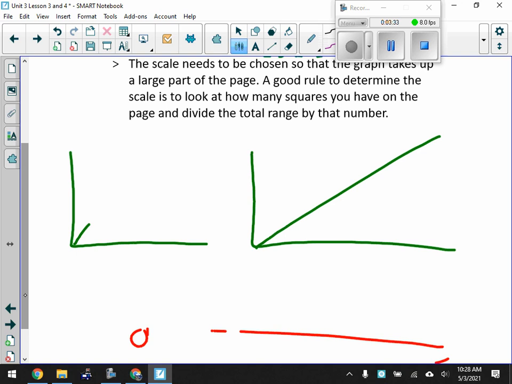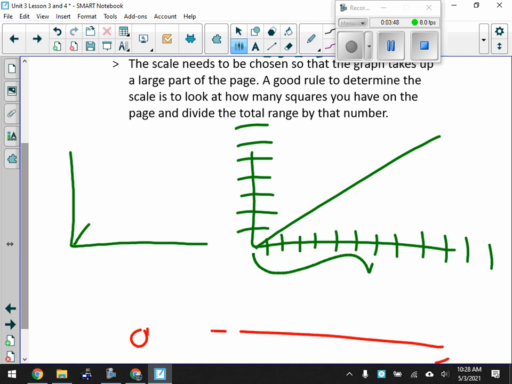So basically what we're going to do is count squares, or basically divide. We're going to have some squares here as we go across, and same thing this way. And we're going to count how many squares or how many lines we have. This would be 0, so we start here. So this would be, for example, 1, 2, 3, 4, 5, 6, 7, 8, 9.